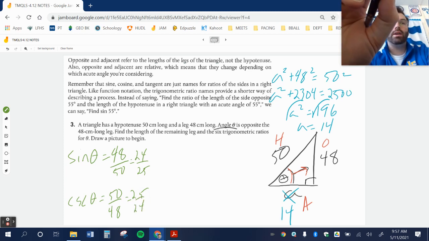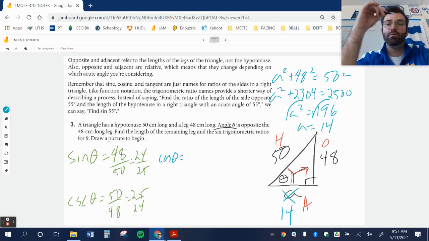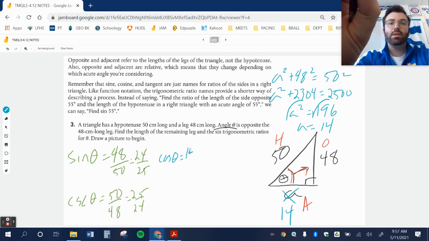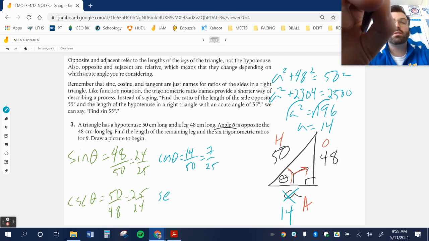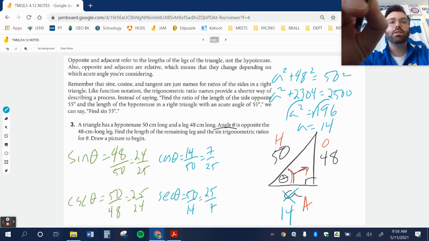What's the next one? Cosine. Cosine of theta equals adjacent over hypotenuse. So 14 over 50. Divide both by 2, I get 7 over 25. Secant goes with cosine, so it's 50 over 14, which is 25 over 7.